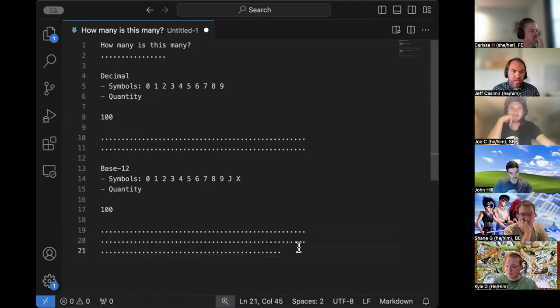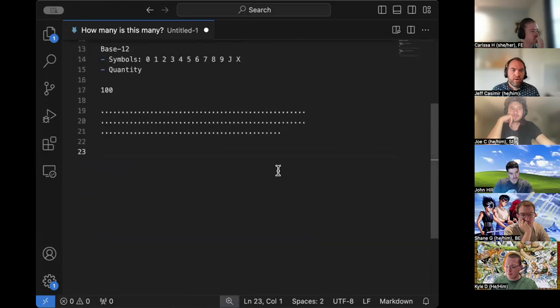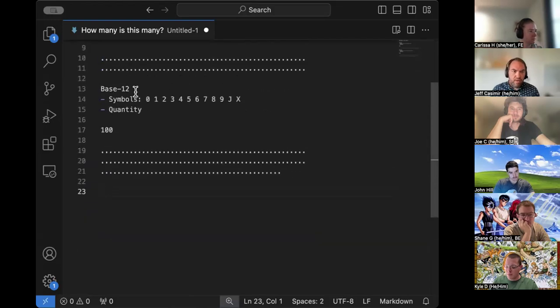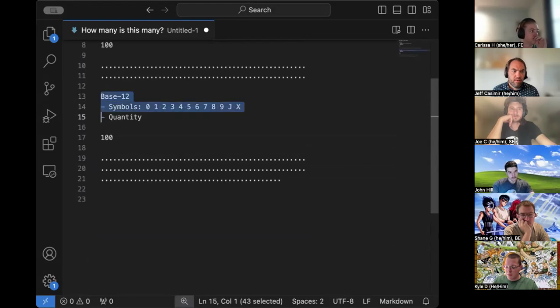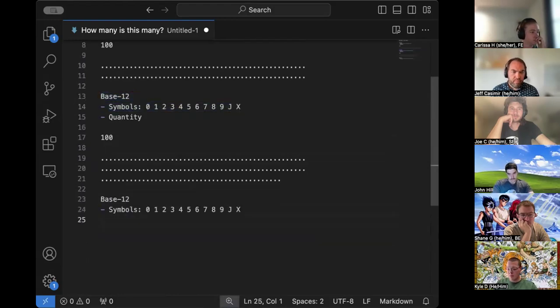What if we flip the other way? What if we went, okay, let's talk base 8. Base 8 has a name. It's called octal. Again, from Greek root oct for 8, octagon, etc. So we don't have J and X. We, in fact, don't have 9.